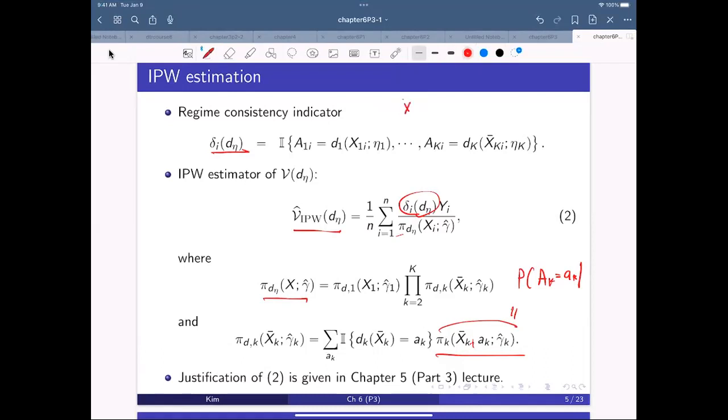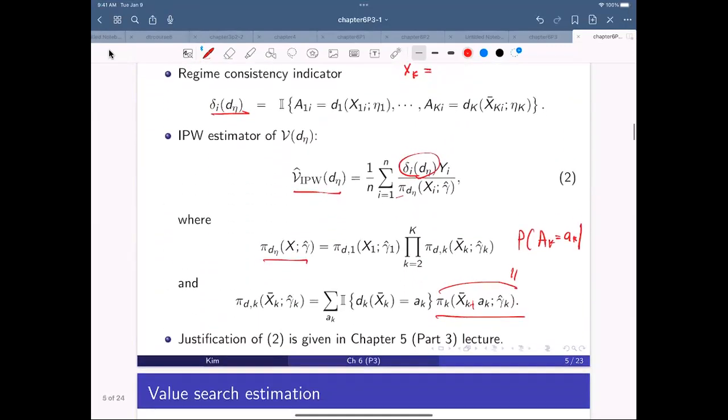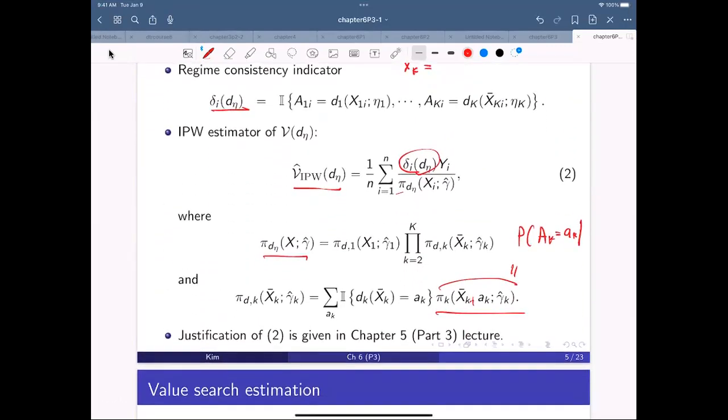X bar, because X_k itself is a function of the choice of A_k, right? So you cannot really, you know what I mean?